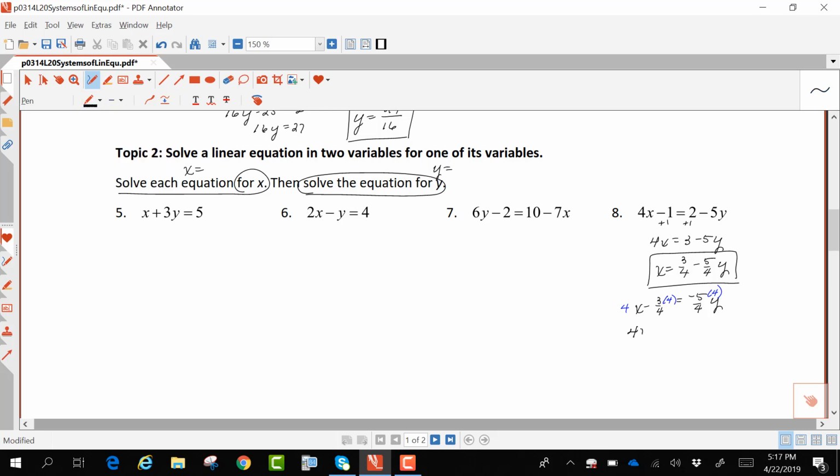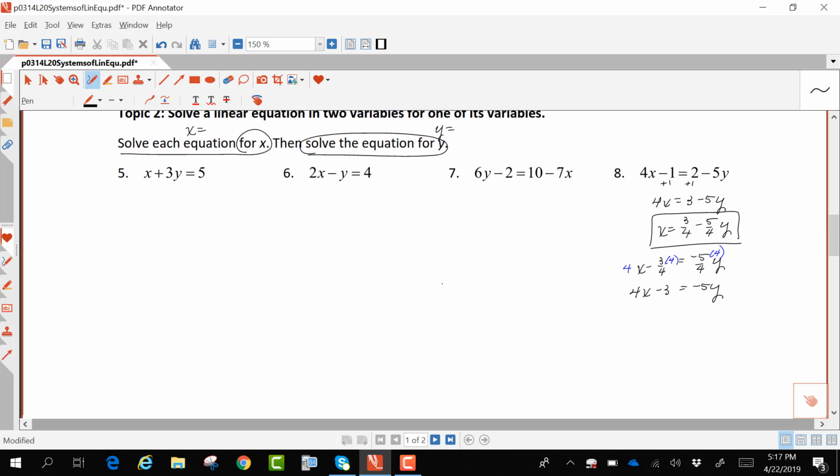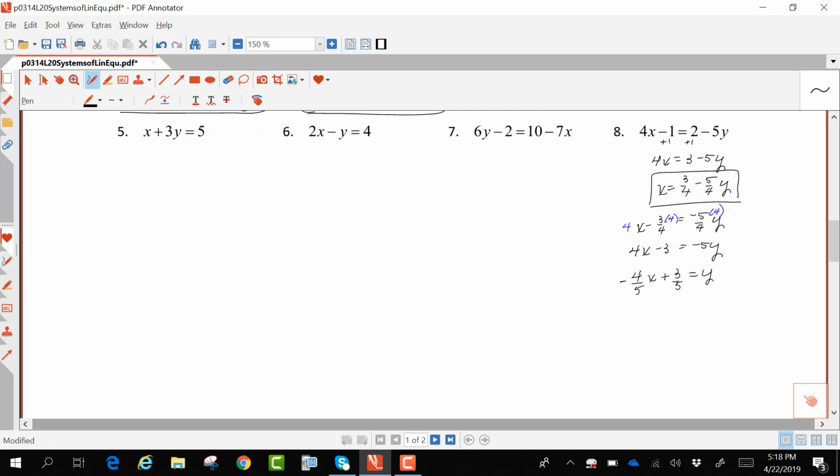That would result in a 4x minus 3 equaling a negative 5y. My last step would be to divide everything by a negative 5 in order for this to equal y. And to be more specific, I would rewrite it as y equals, so that I answer the question by solving the equation for the y variable.